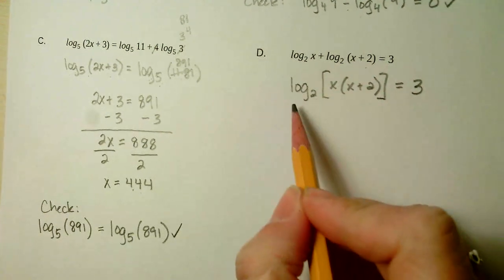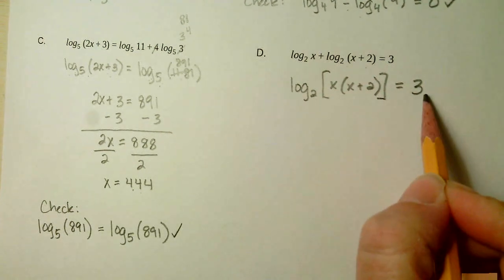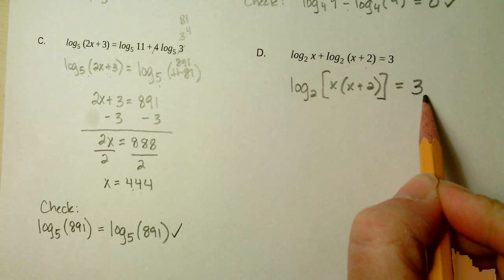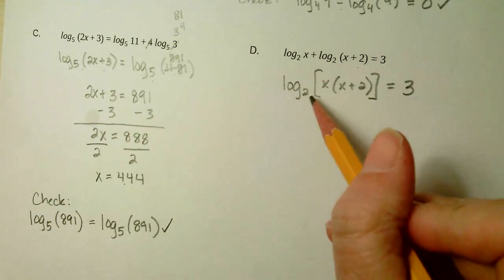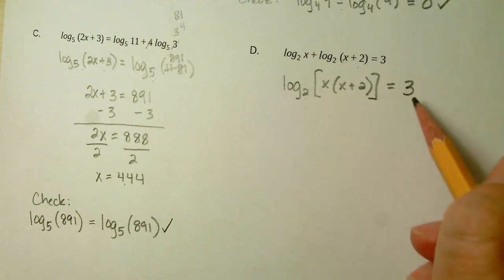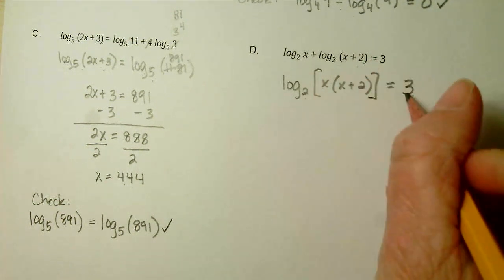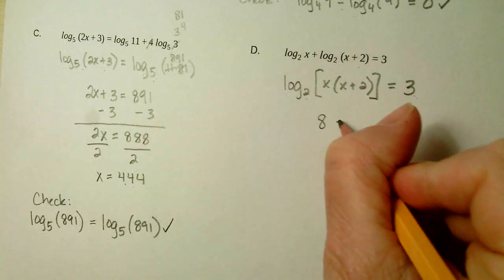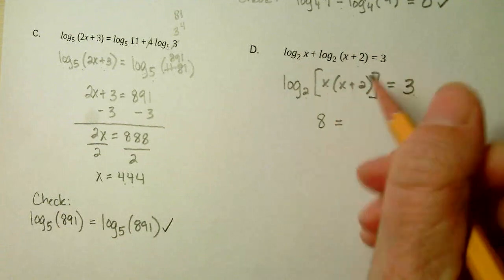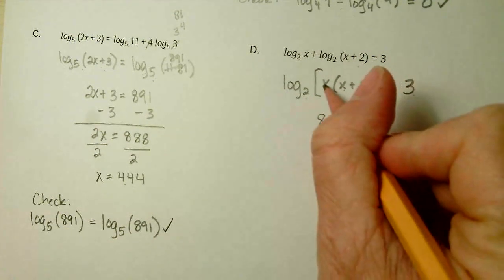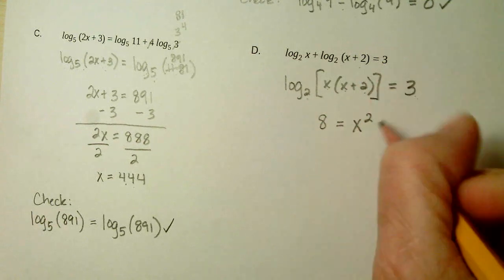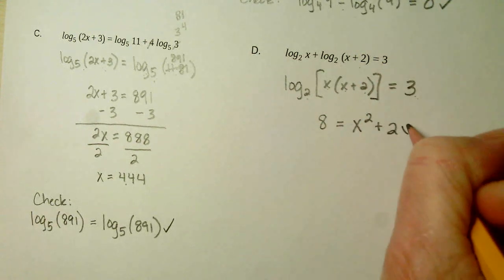Now we have a single logarithm equal to a constant, so we can use the definition of a logarithm. I'm going to start doing some of this in my head when I can. 2 to the third is 8, and that's going to be equal to x times x, which is x squared, and x times 2 is plus 2x.